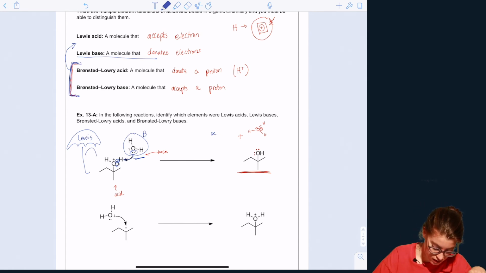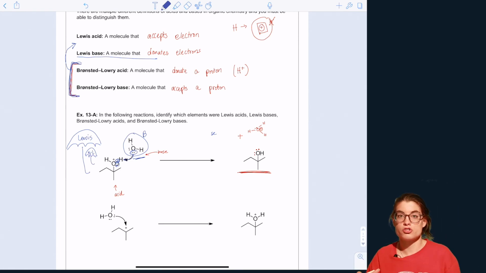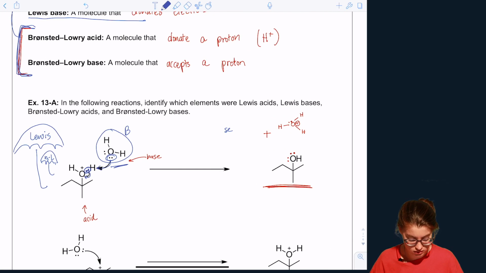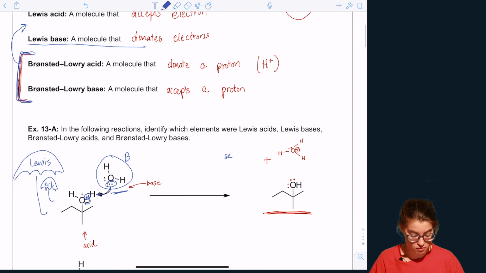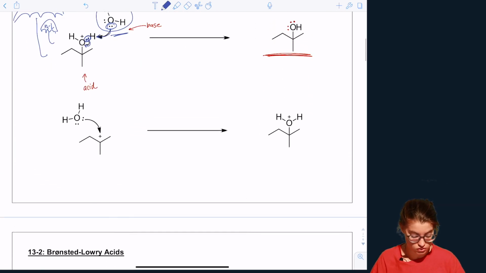Bronsted and Lowry is kind of a smaller scope within Lewis acids, okay? That's not too important. Other than that, you can just memorize the definitions. But I thought it was very useful, if I knew one set of definitions, to just apply that knowledge in a different way to help me remember the Lewis definitions.